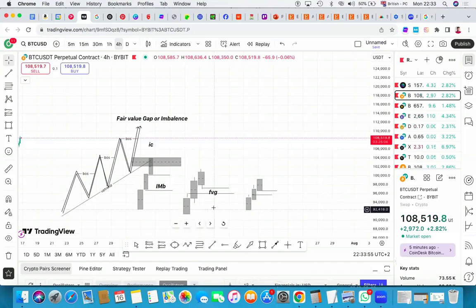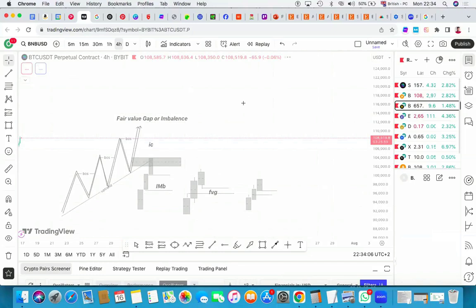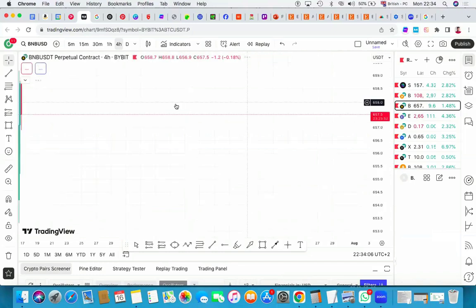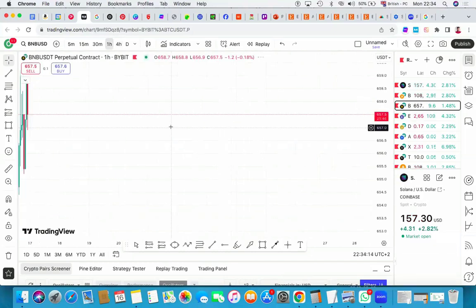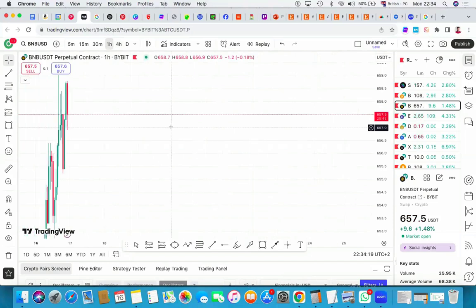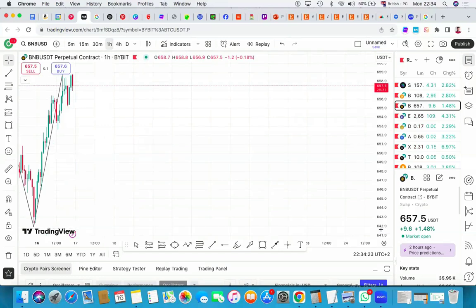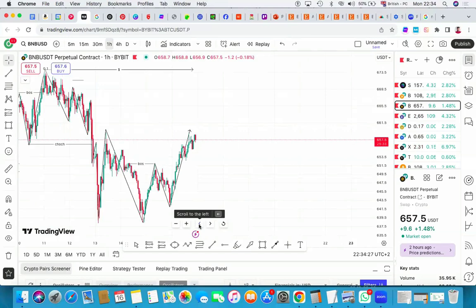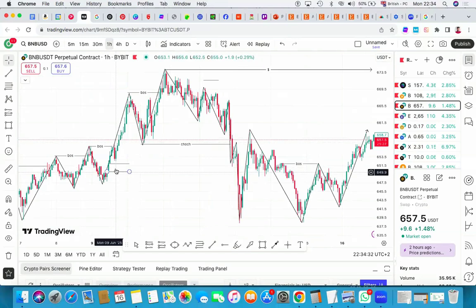So that's a fair value gap. That's a fair value gap. So let's go back to BNB. I want our chart where we are giving the examples. You can see from this scenario that this is a fair value gap.